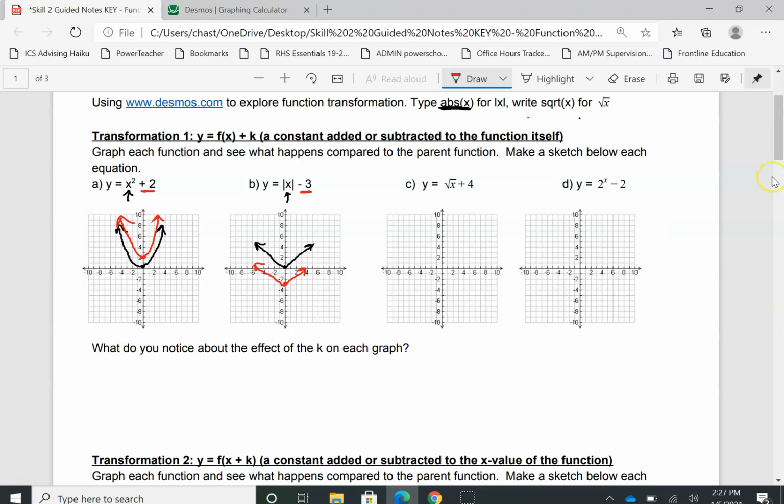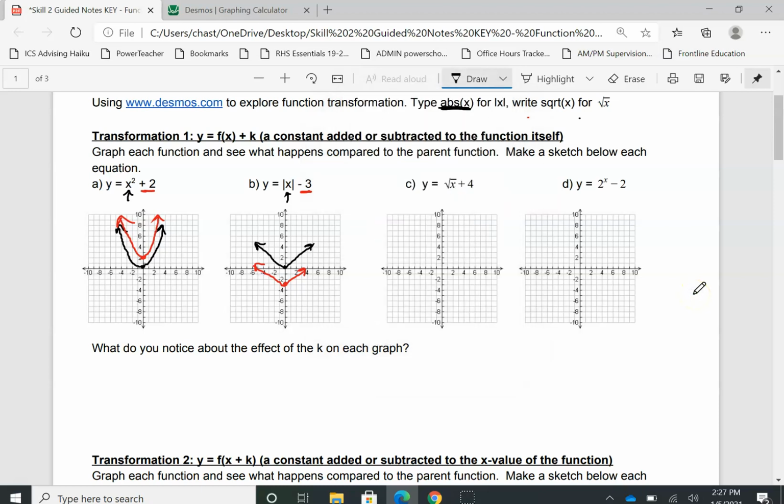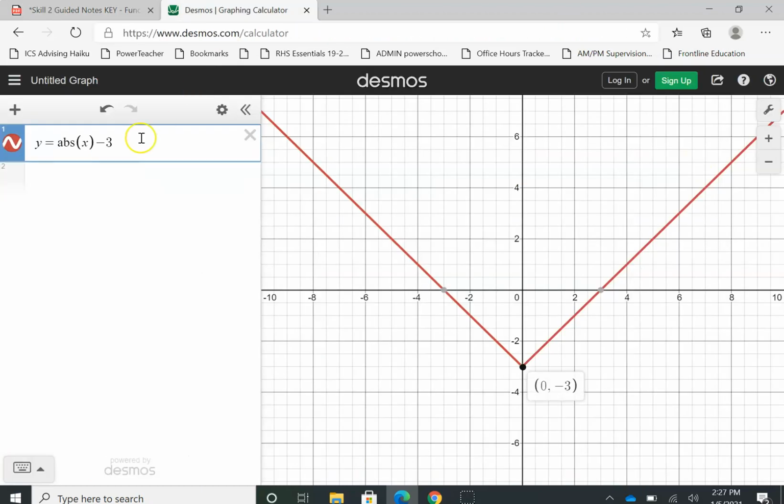The next one, square root of x plus 4. Well, we'll put the square root of x on here first. Square root of x kind of started at the origin and kind of curved off to the right. That's our parent function. Square root of x when I add 4 to that.